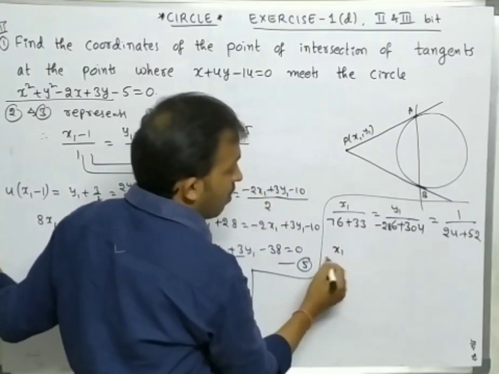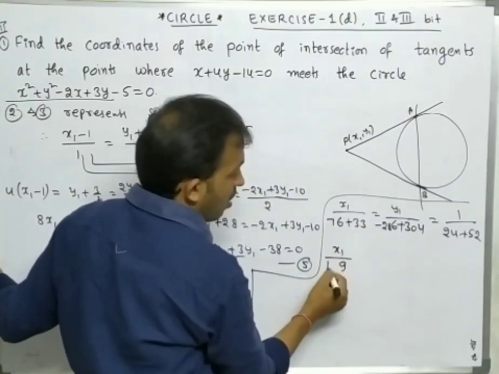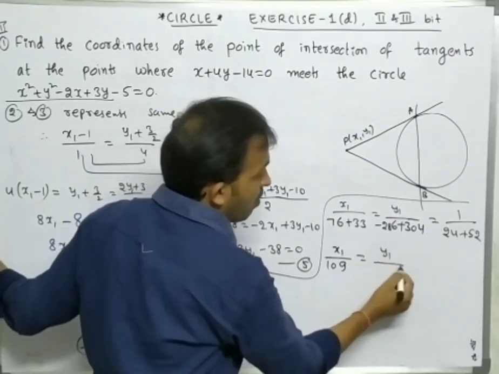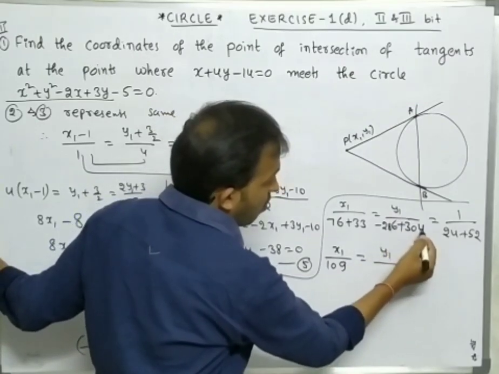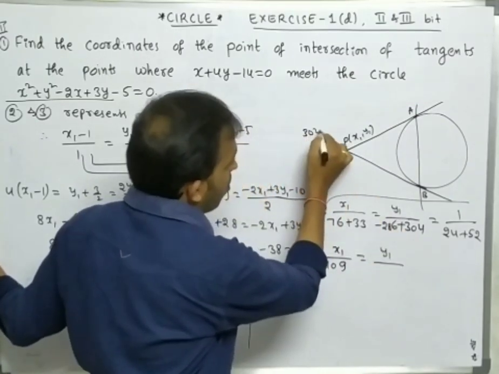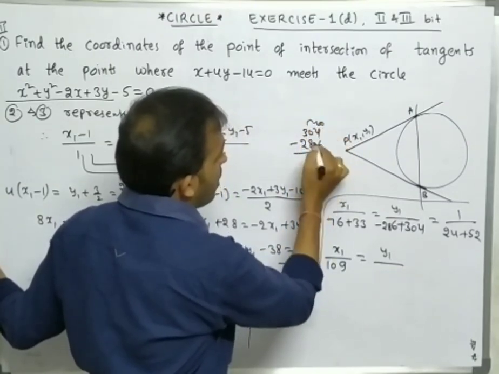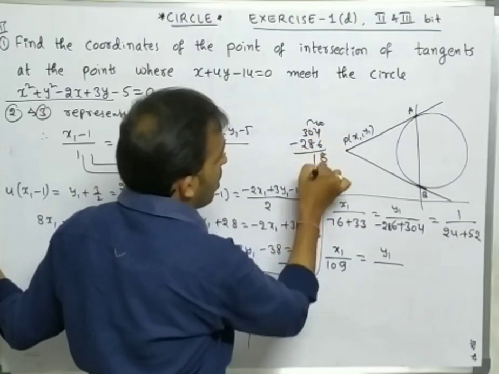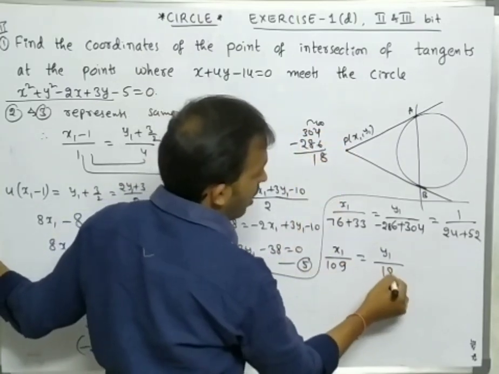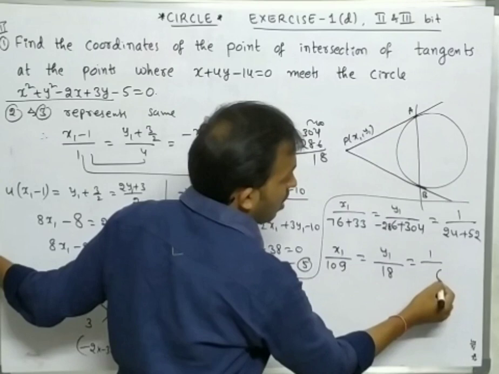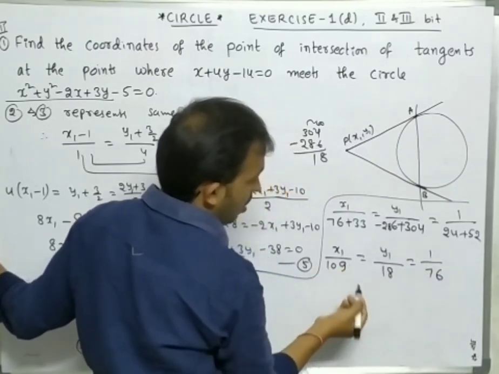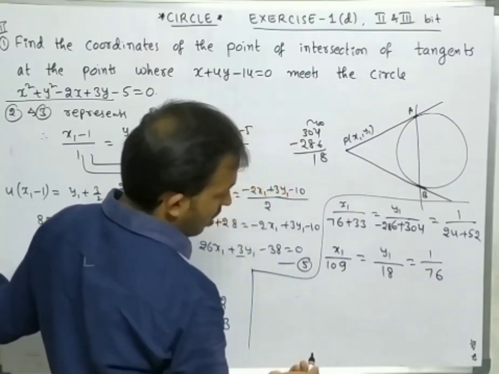So x1 by 109 is equal to y1 by 14 minus 304 minus 286, this is 18. So 18 is equal to 1 by 76, so it will not cut.